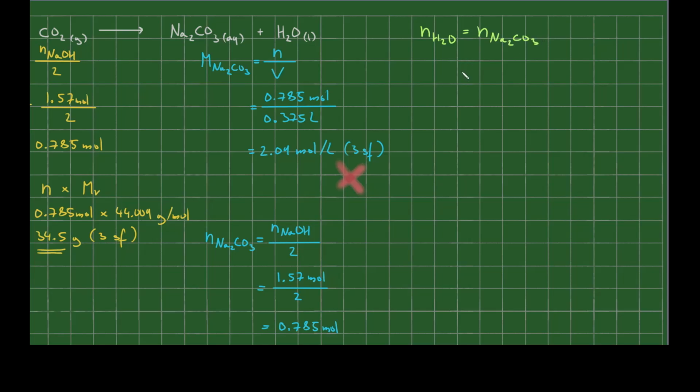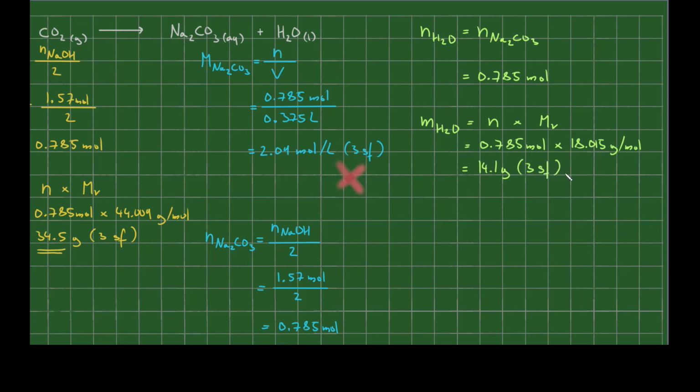And I have already determined that the number of moles of sodium carbonate is 0.785. How much water is that? Well, by using the number of moles and the molar mass of water, I can calculate that. And when I substitute in the values, I get 14.1 grams of water when rounded to 3 significant figures.